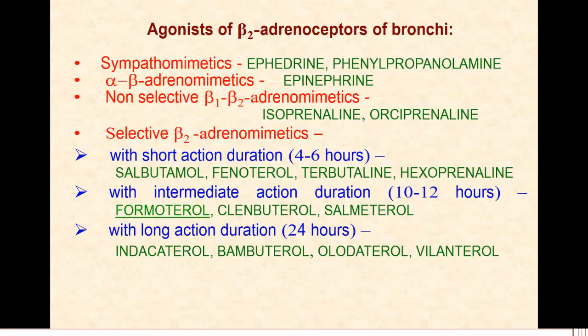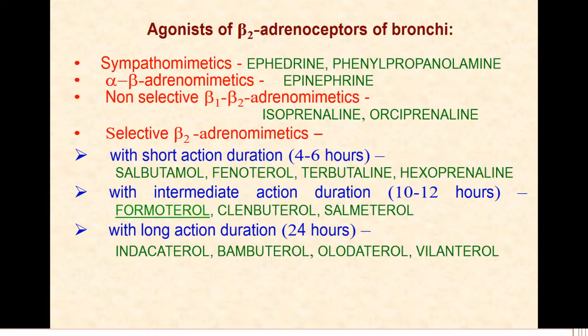After several years appeared drugs with the same mechanism but long action duration. Formoterol, clenbuterol, salmeterol. Also we used, and nowadays use, them in the form of inhalation, and one inhalation acts within 10 to 12 hours.